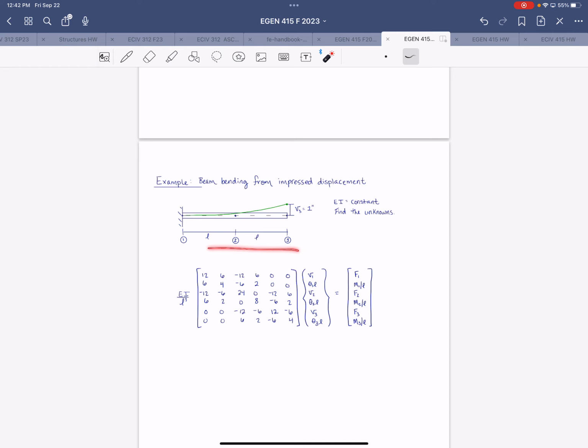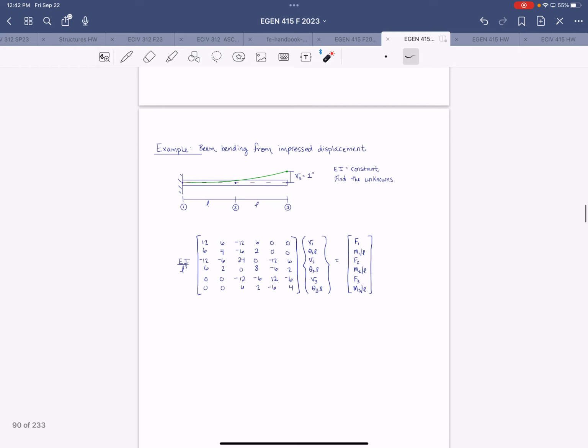We got 2 elements to represent this beam. We're looking for all the unknowns in the problem. So the unknowns include the reactions at node 1, the displacement and rotation at node 2, the rotation at node 3, and also the vertical force that would correspond to such a displacement, right?